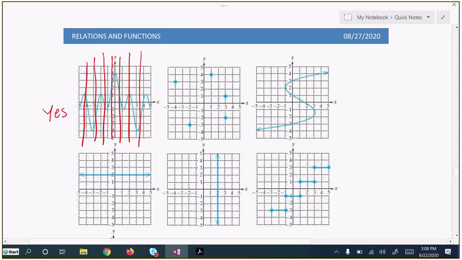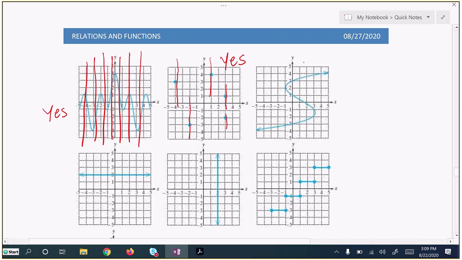Now what about the second picture? The second picture might not be exactly what we're used to thinking about as a function. It's just a bunch of dots. But it still satisfies this property because for each X in the domain, there's exactly one Y in the range. So yes, it's a function.